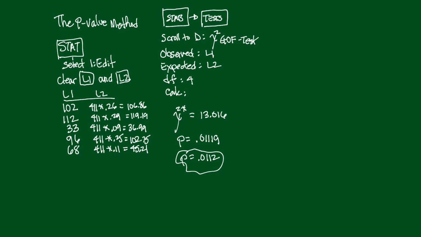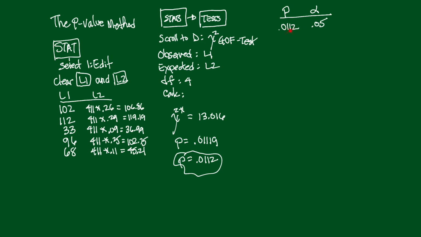So now what do we do? Reject, fail to reject? I'm going to compare P to alpha. Right now, P is 0.0112. Alpha, you remember, is 0.05. Now this is 1.1%, and this is 5%. This is less than. What do we do if it's less than?